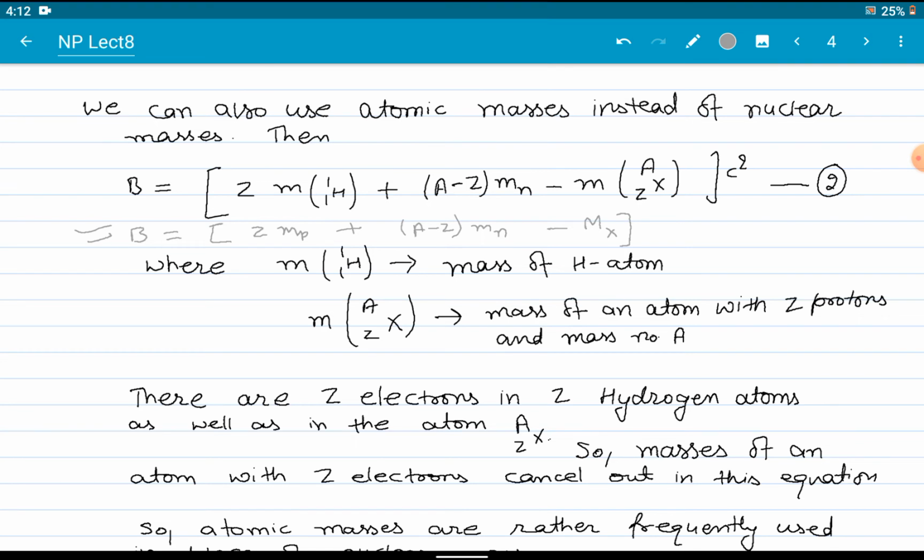most of the cases we use atomic masses instead of nuclear masses, because we have frequently available atomic data of atomic masses.